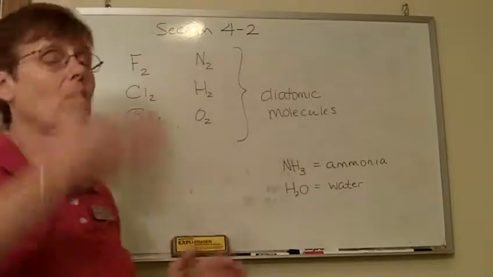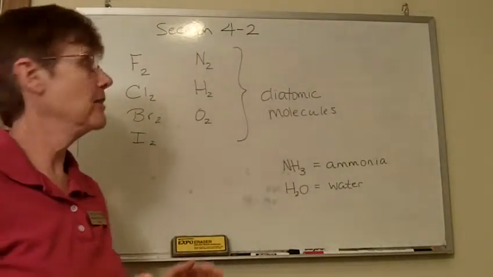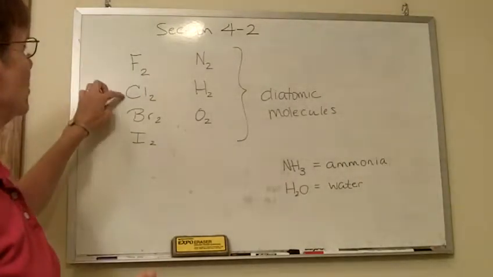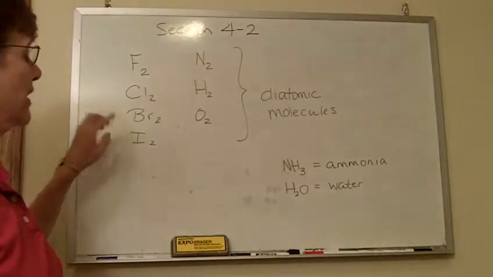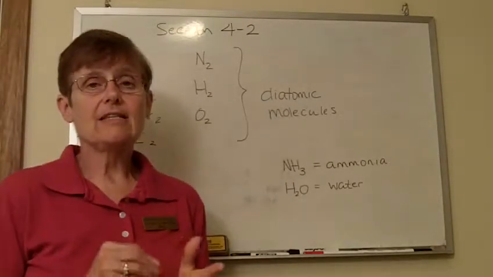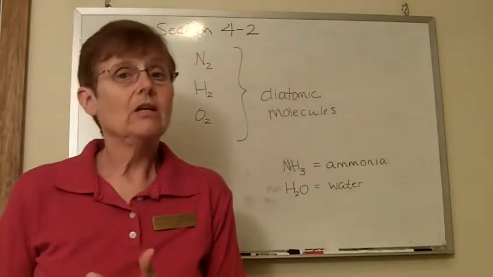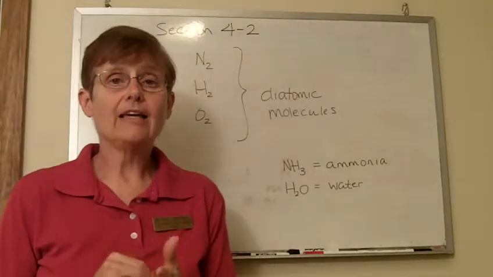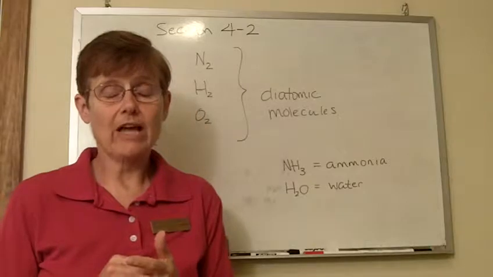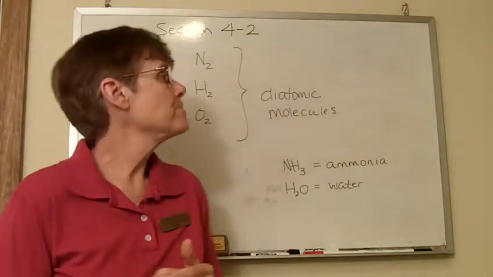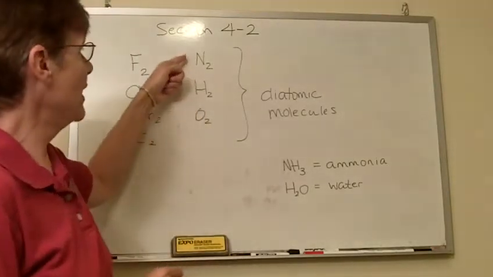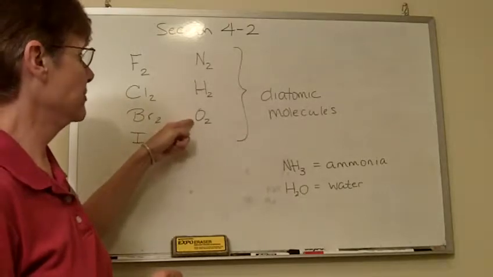This is the whole column that we call 7A: fluorine, chlorine, bromine, and iodine. When those exist as elements, not in a compound, they always exist as diatomic elements or diatomic molecules. There are a few others that do this also: nitrogen, hydrogen, and oxygen.